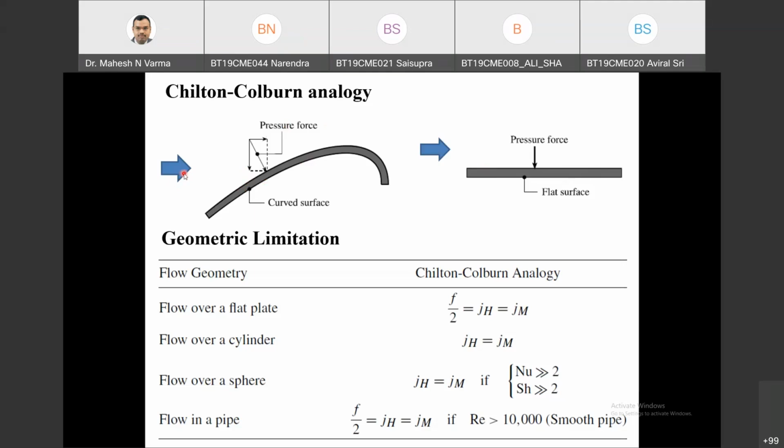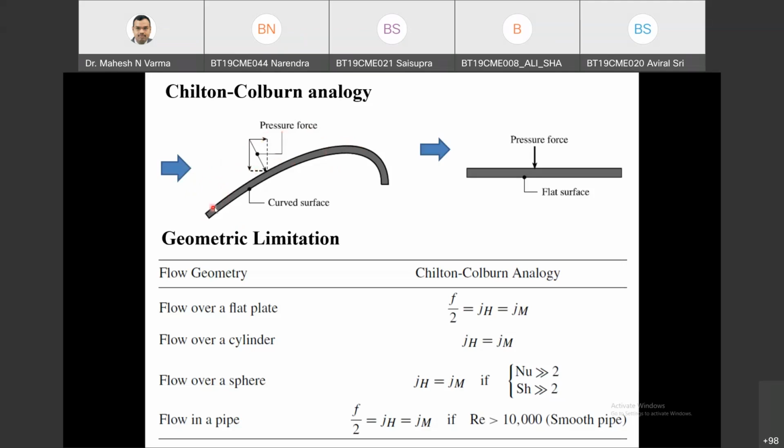For calculating shear stress, you just use the length of the distillation column multiplied by the diameter. You are not taking the full surface area, because for shear stress you take the projected surface area. So this length multiplied by width is the surface area for momentum transfer.